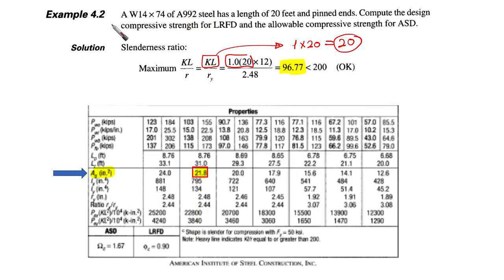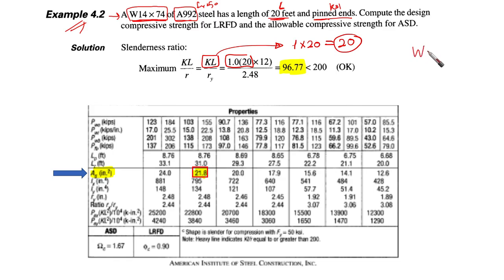This is example 4.2, which is giving to us the cross section, the shape that is going to be used, which is wide flange 14 by 74, and it is A992, which means that F yield equal to 50 ksi steel, and has a length, which is needed for us to calculate KL over R, and pinned ends. Pinned ends means that we have K equal to 1. So these are the information provided in the previous example.